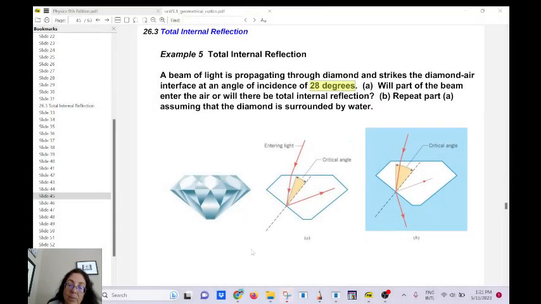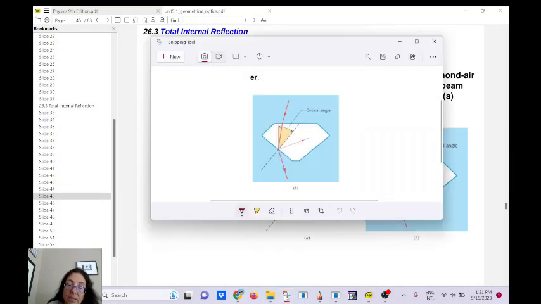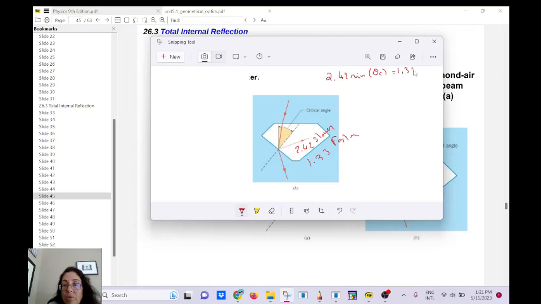Okay, so if you go from diamond to water, what's the critical angle? Here you have 2.42, here you have 1.33, so you go from slower to faster. You're going to have 2.42 sine of the critical angle equals 1.33 times 1.